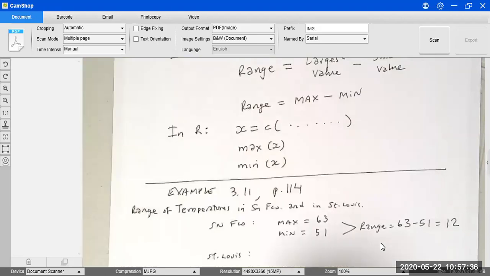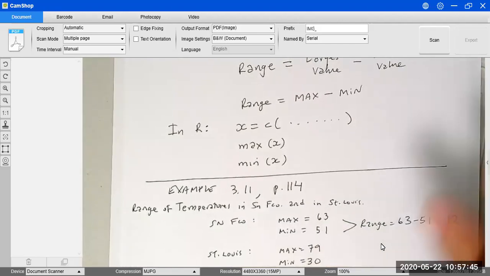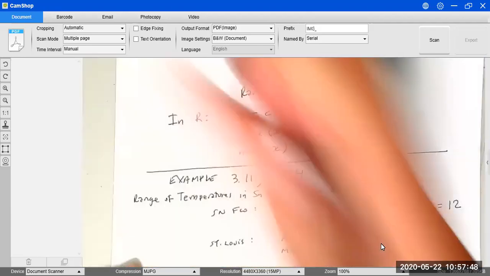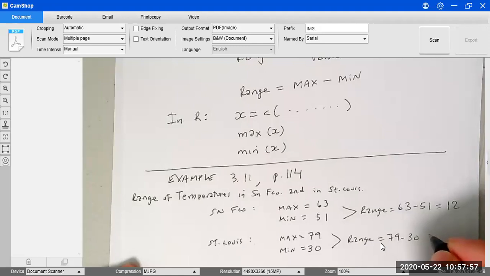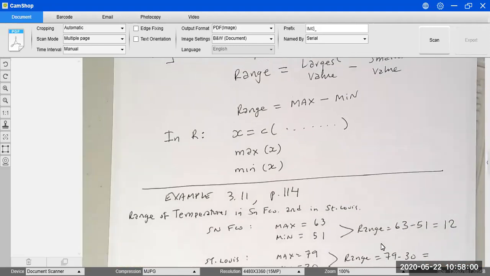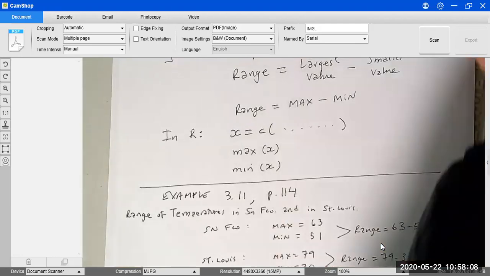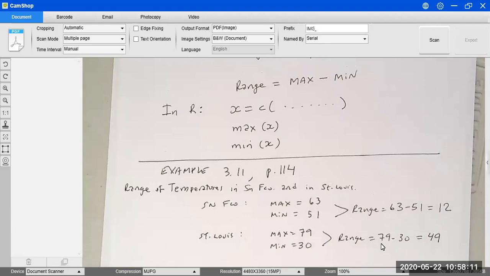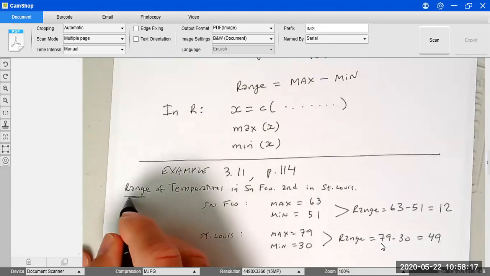So now we can compute the range for the temperatures of St. Louis as 79 minus 30, and this is just 49. So that's what we do to find the range.